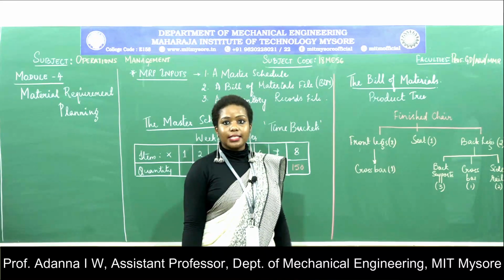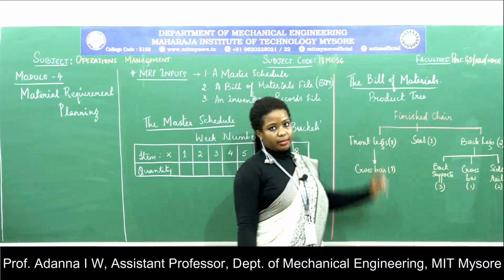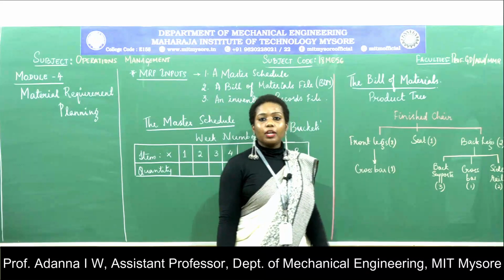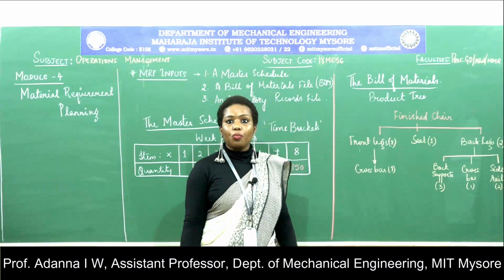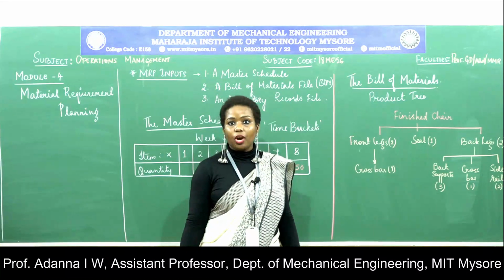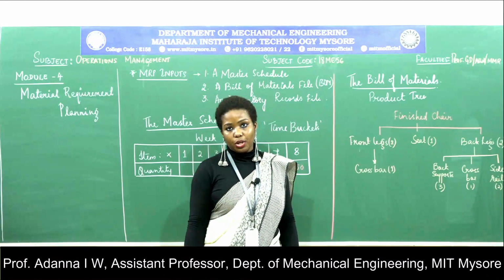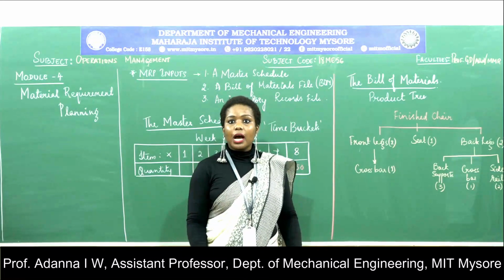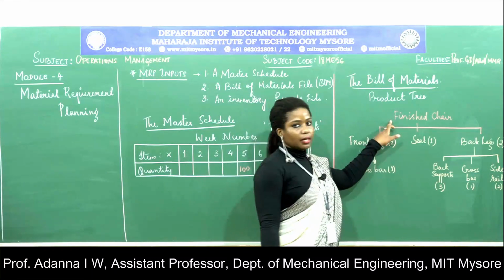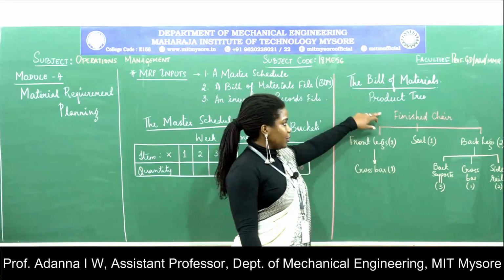Now if I consider this item X to be a finished chair, the bill of materials will give me details of what are the parts involved in making this finished chair and how many of each of these parts I need to procure, where are the sub-assemblies, how many sub-assemblies are required. So if you look here, this is a product tree of a finished chair.